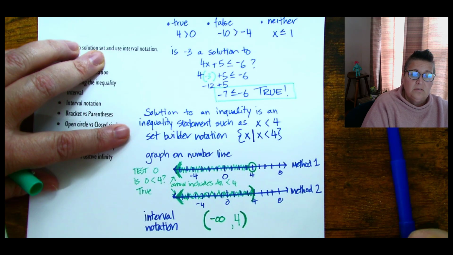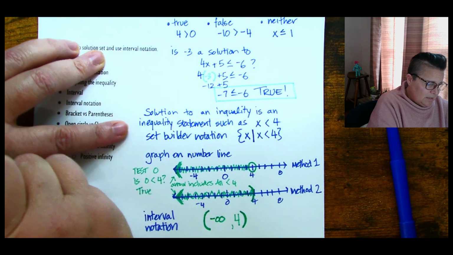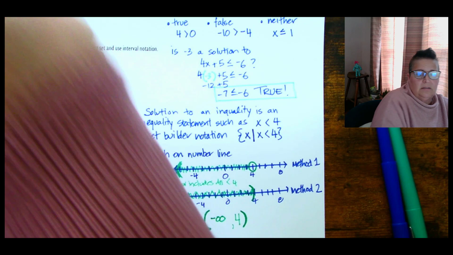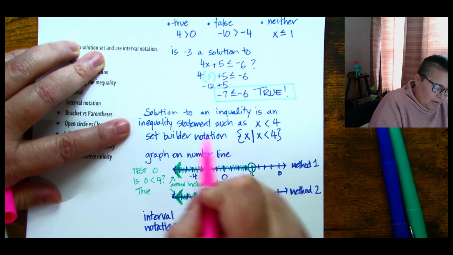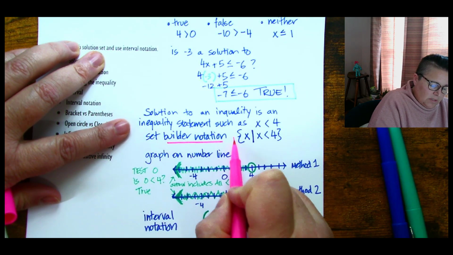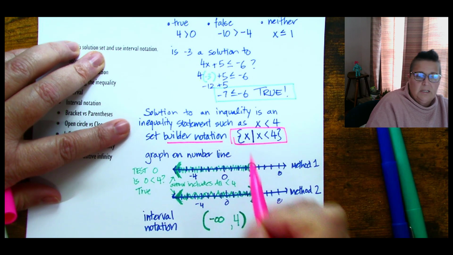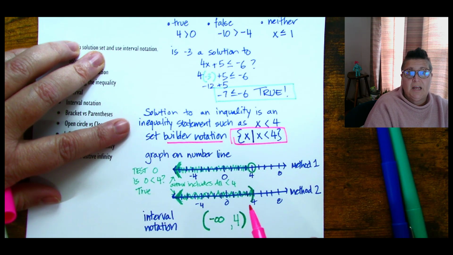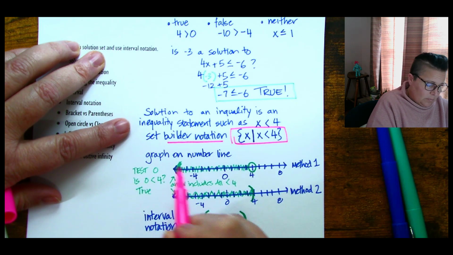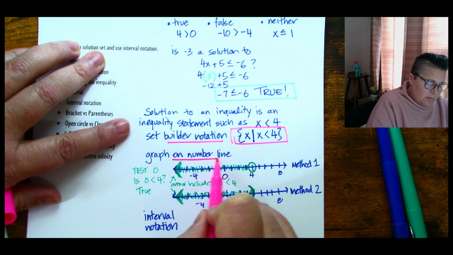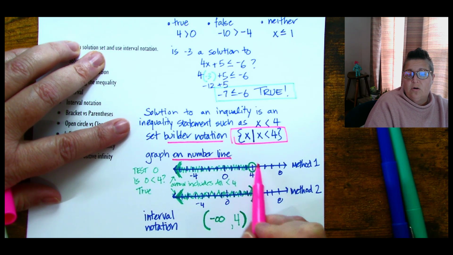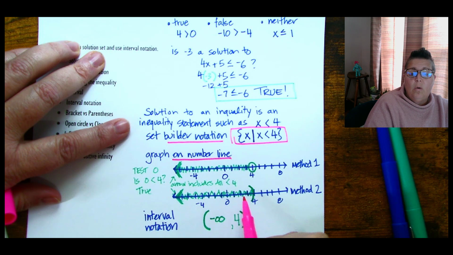Okay, so now I have the 3 different methods of writing a solution here. I have what's known as the set builder notation, which looks like curly brackets, x such that x is less than 4. I have that graph on a number line, which could be an open circle with an arrow, or you could use parentheses or rounded bracket with the arrow to the left because it's less than.